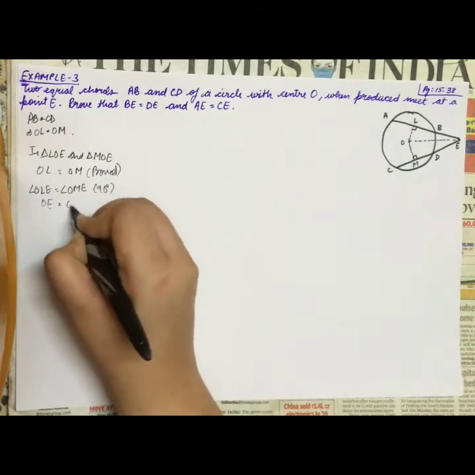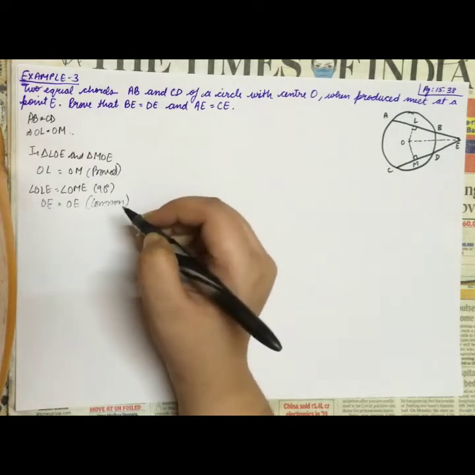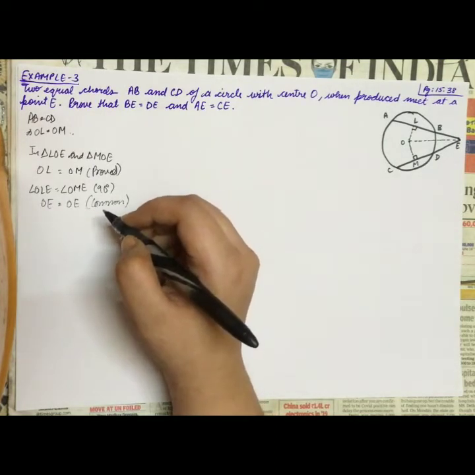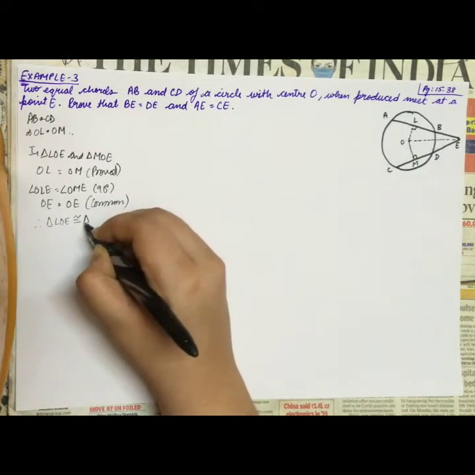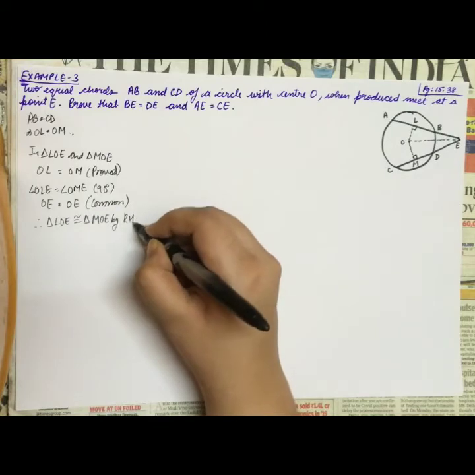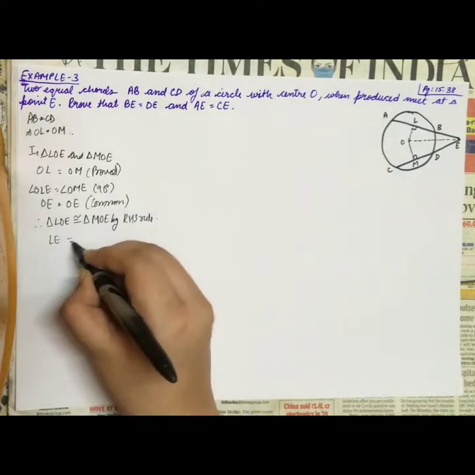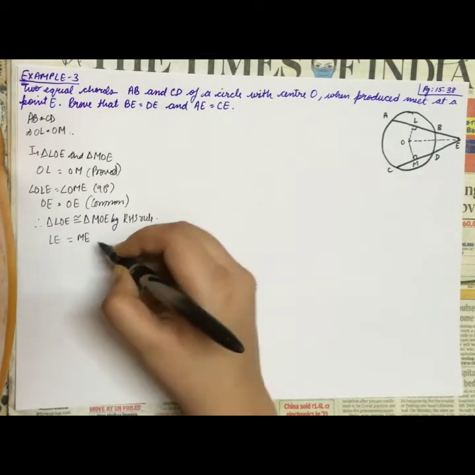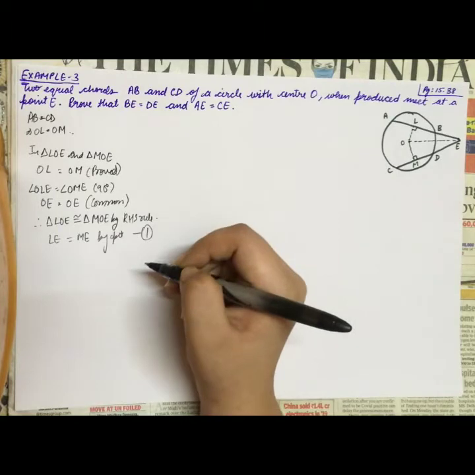OE is equal to OE, as it is common. So therefore triangle LOE is congruent to triangle MOE by RHS rule. So we can say that LE is equal to ME by CPCT. We'll mark this as 1.